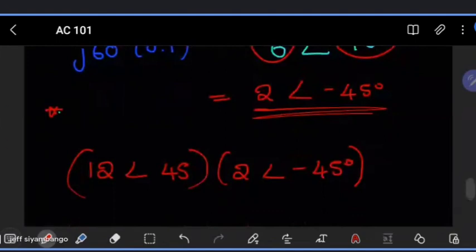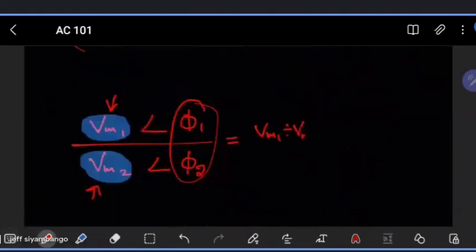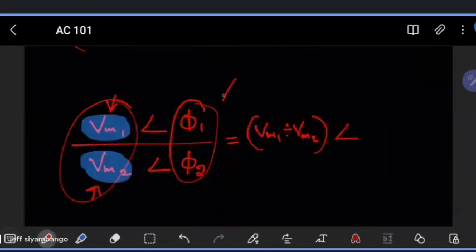Directly divide them. No problem there. But the trick is with the angles. So I can write this as VM1 divided by VM2, and then the angle symbol. But the concept with the angles is that if we are dividing them like this, then you have to subtract them, the one in the numerator minus the one down. This is how you treat the angles. Have you got that, Daka?